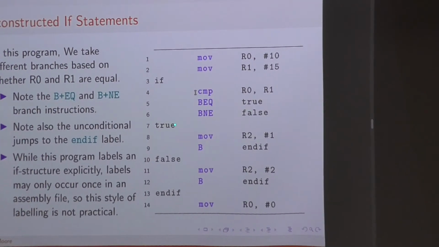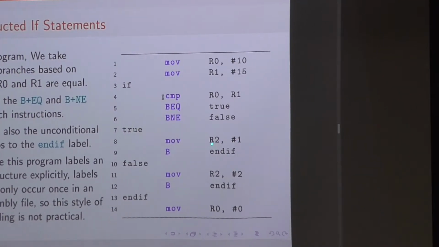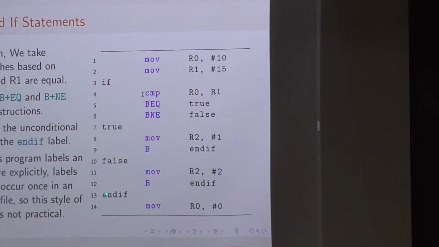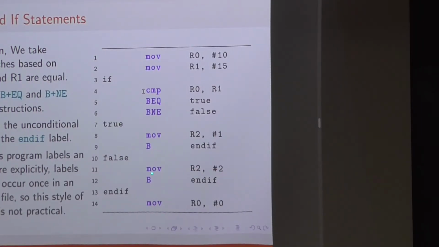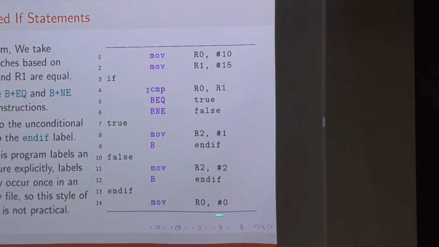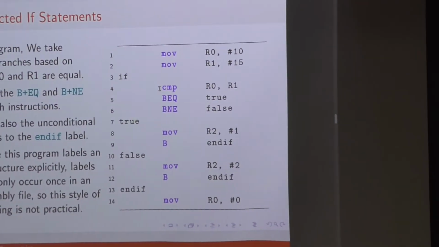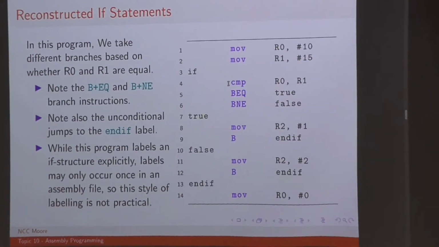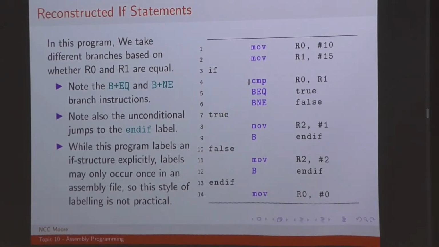So branch equals jumps to this label, we then execute a move of 1 into R2, and then unconditionally jump to end if. False branch, we move 2 into R2, unconditionally jump to end if, and then we move 0 into R0 to indicate the end of the program. Does that make sense? To some degree? Should be reasonably straightforward? Yes?